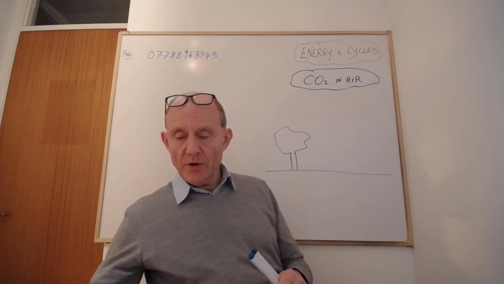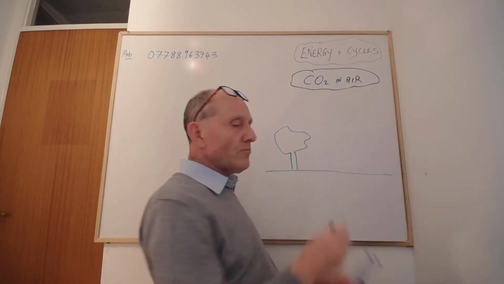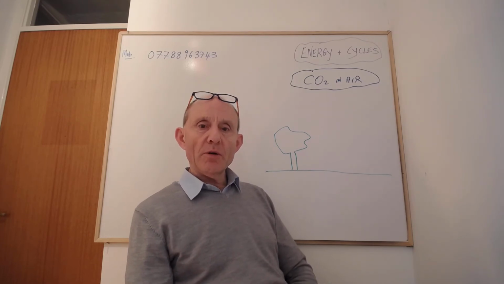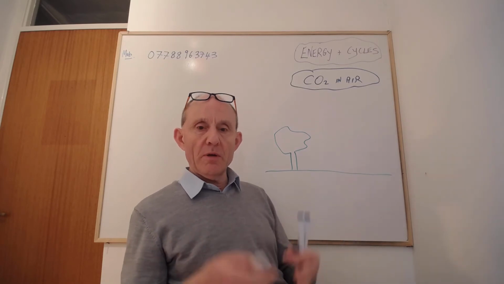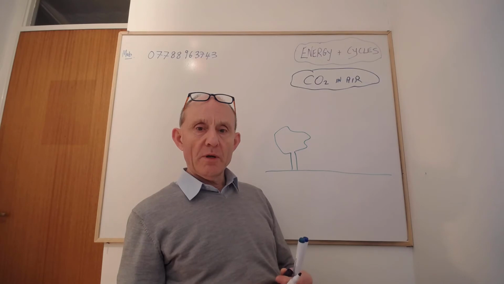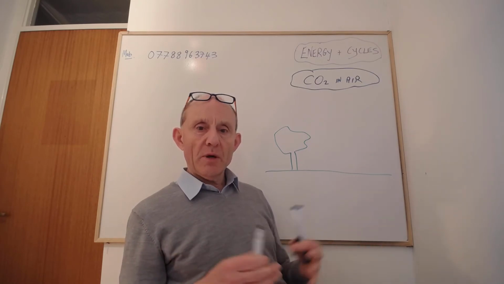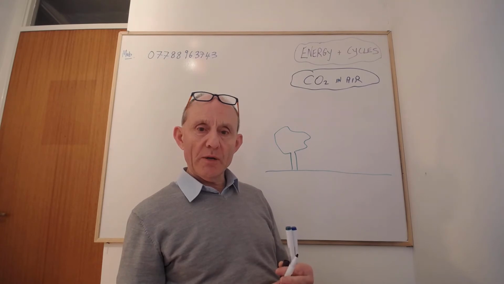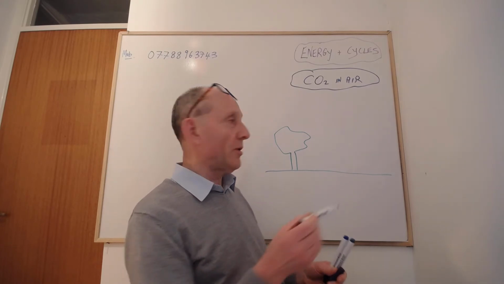Now we're going to draw some arrows then. So essentially we're looking at the movement of the element carbon through nature, from the atmosphere of the earth and through living organisms into plants, animals, and so on. We're looking at its progress.